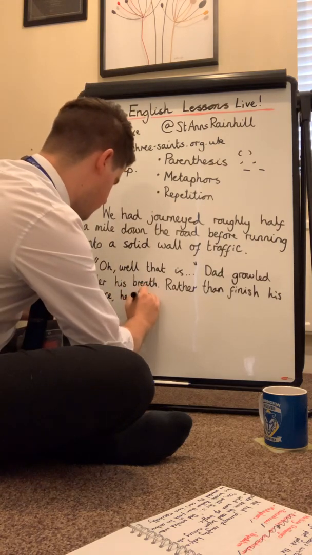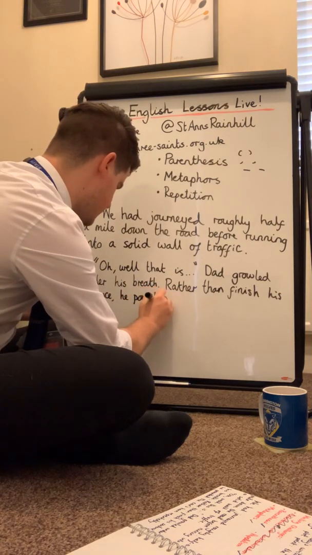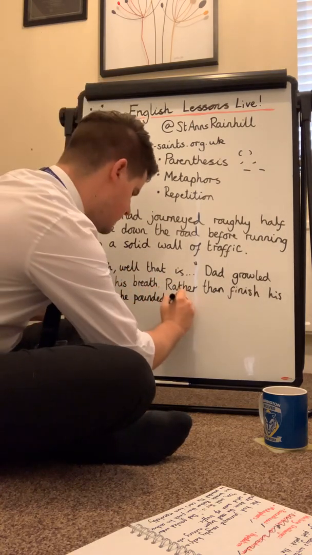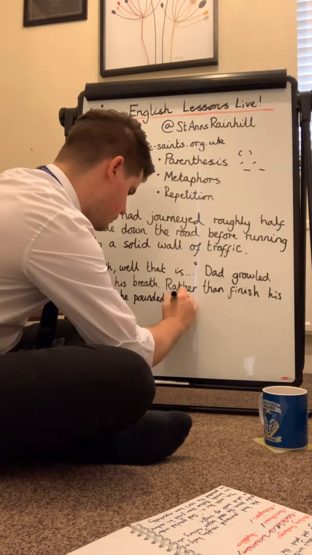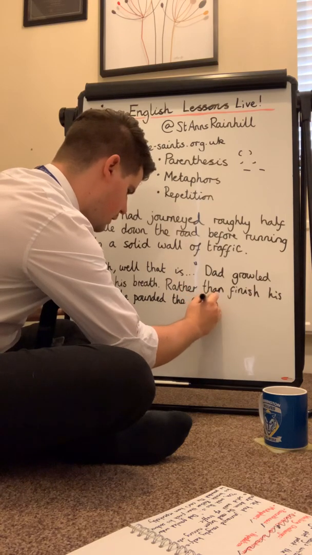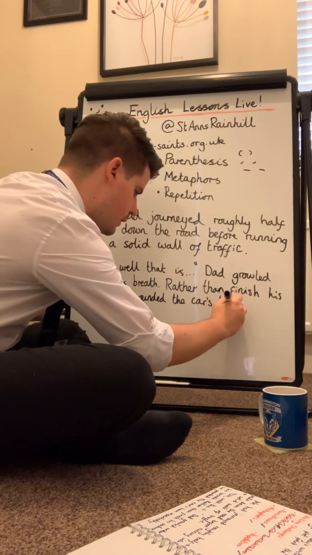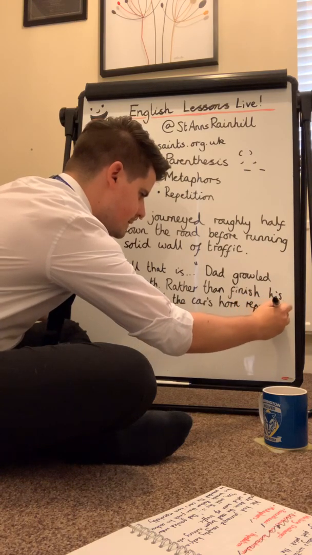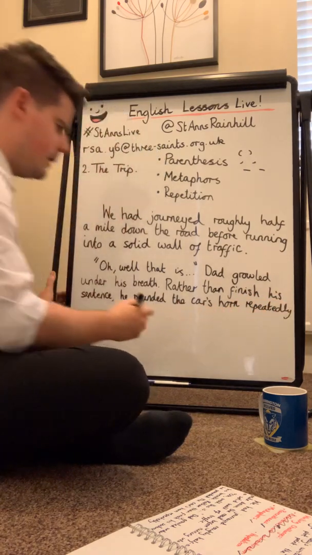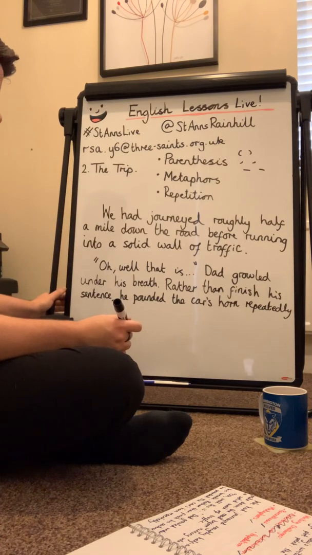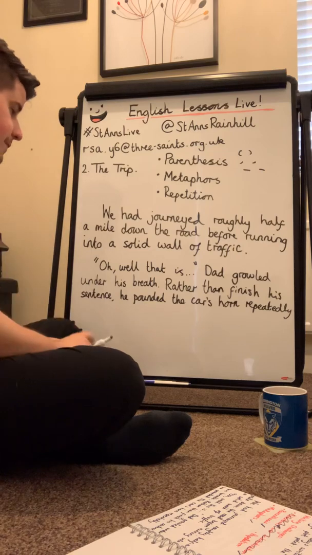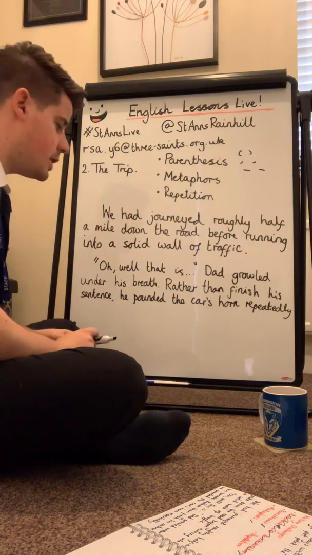He pounded the car's horn repeatedly. It's the horn belonging to the car, repeatedly. "Oh, well, that is..." Dad growled under his breath. Rather than finish his sentence, he pounded the car's horn repeatedly.